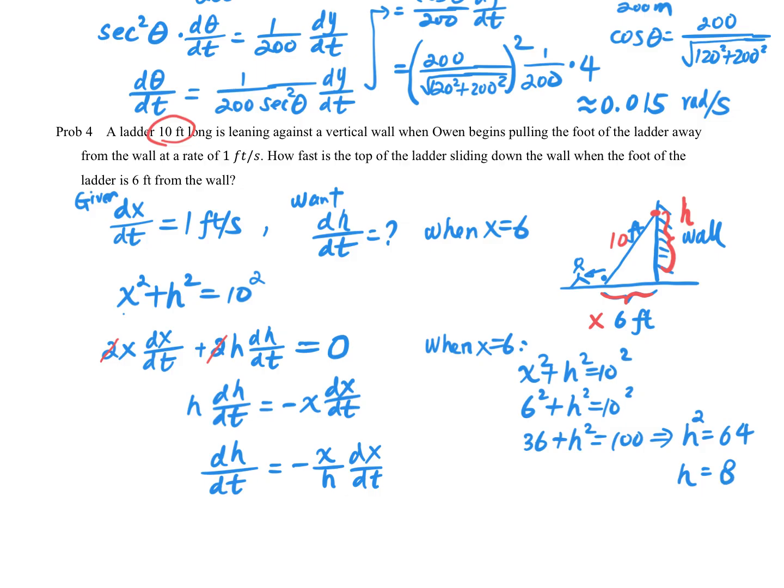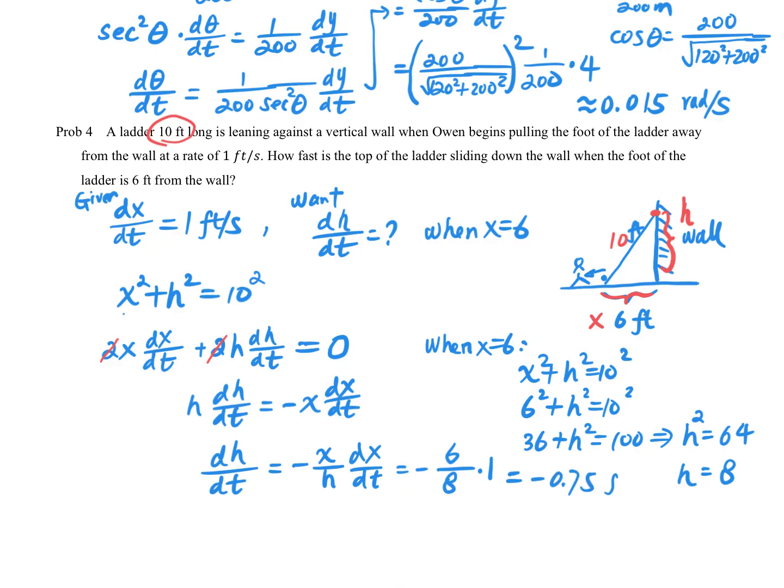So with that, we now can plug into this result. This is equal to negative x is 6, h is 8, times dx/dt, which is just 1. And therefore, this is equal to 3/4, which means negative 0.75.